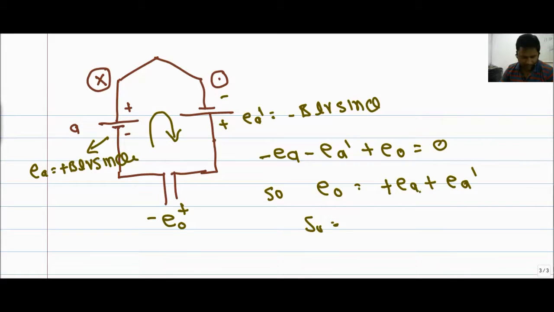I think there is some problem. For EA dash, we are already taking a negative sign here, so we have to take it as plus.